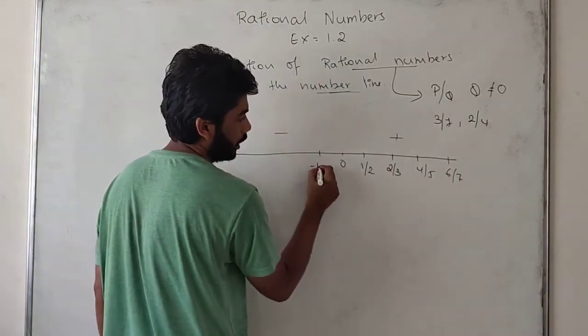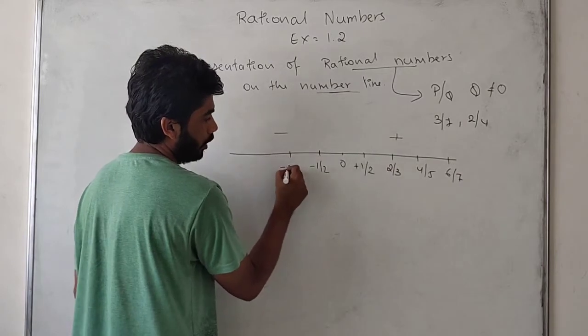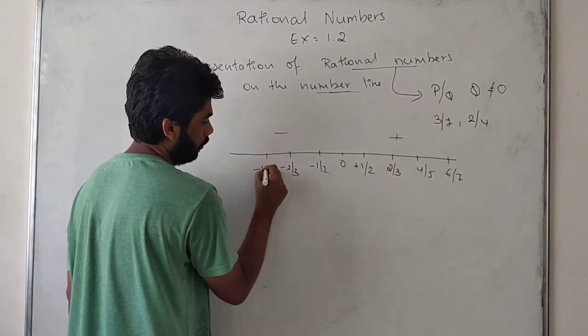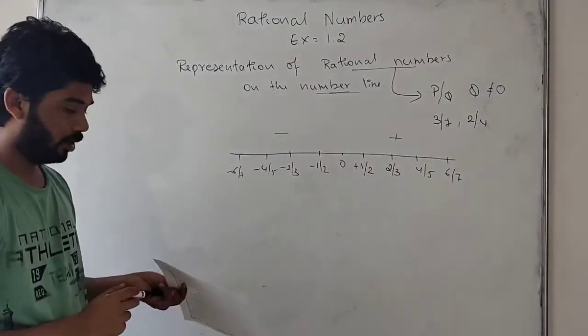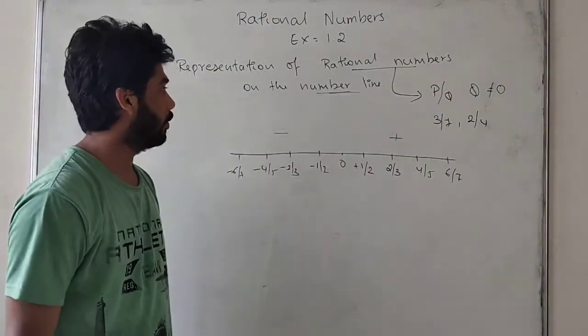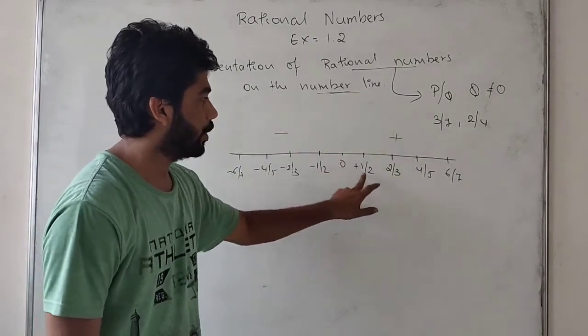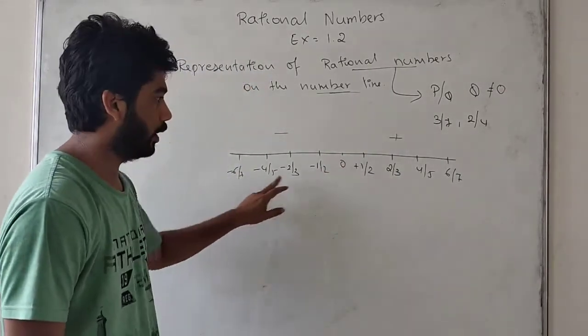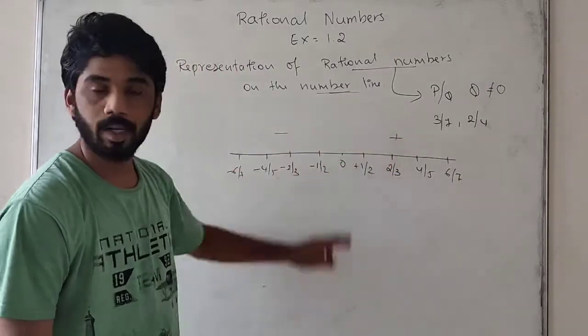Here also we represent with a minus sign. Here all will be positive, here all will be negative. So on the number line we are representing positive and negative rational numbers. This is called a number line.